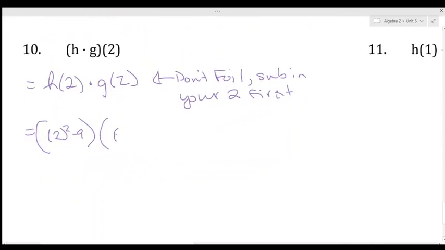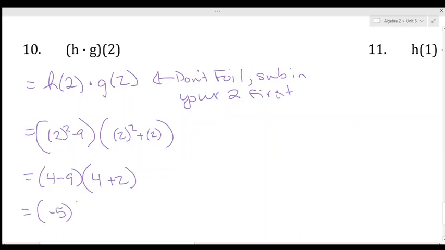So I get 2 squared plus 2. 2 squared is 4, so inside we have 4 minus 9 for our first parentheses. In our back parentheses, 2 squared is 4 plus 2. Our first parentheses, 4 minus 9 is negative 5, times 4 plus 2 is 6, which leaves us with an answer of negative 30.